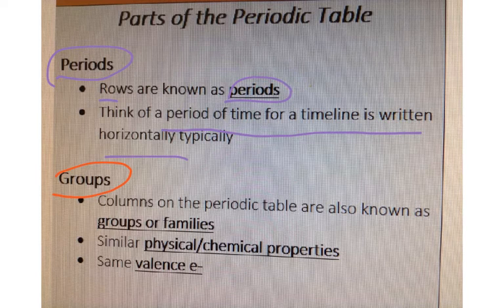It's actually the ones in the columns, which have further numbers from each other, that have similar characteristics. And you do absolutely need to know that groups or families or columns have very similar characteristics. The whole reason why is because of valence electrons, which we'll talk about. They all have the same number of valence electrons as a group or a family.